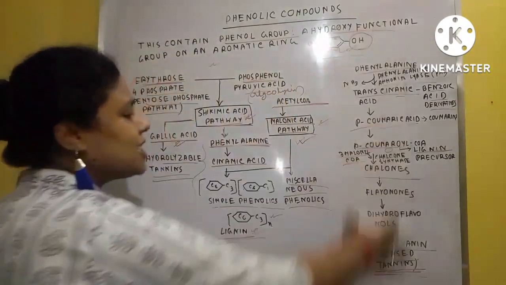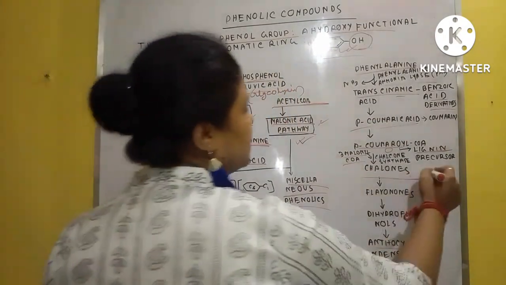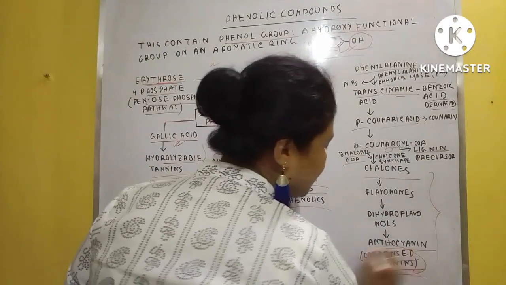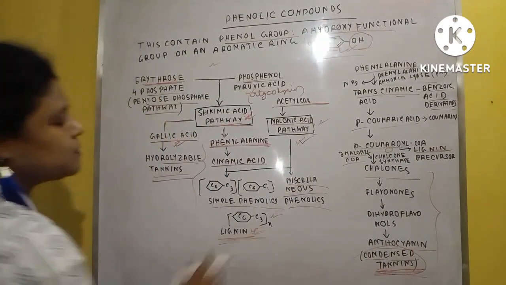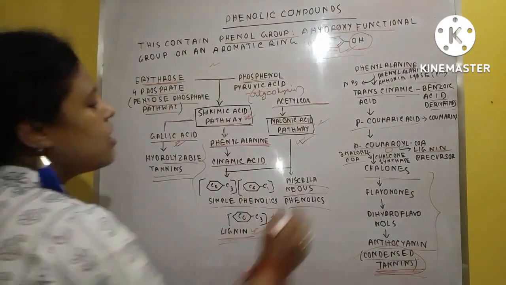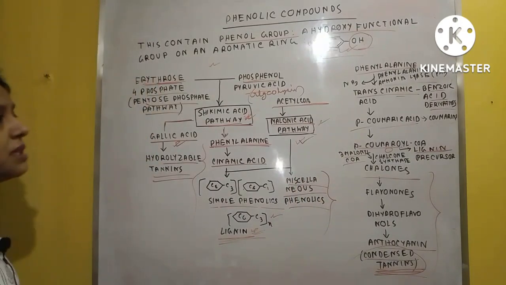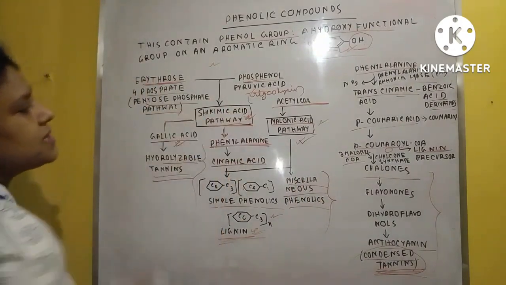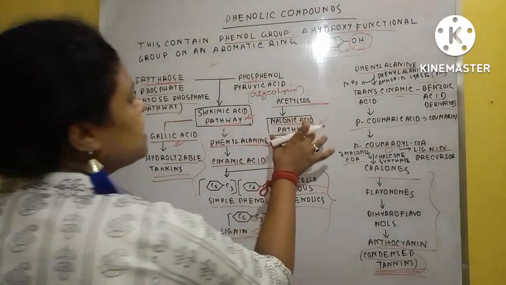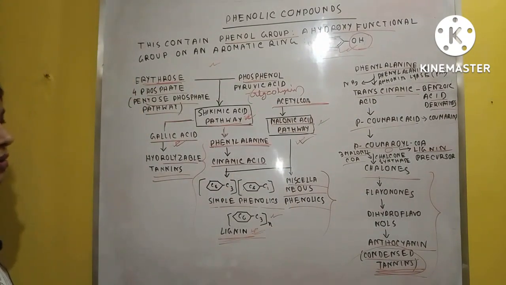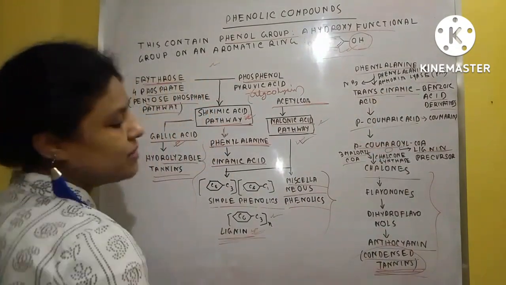So this process is actually the biosynthesis of the tannins, and here I explained the biosynthesis of the phenolic compound. Clear? What is the role of the shikimic acid pathway, and what is the role of the malonic acid pathway? This is the biosynthesis of the tannins.